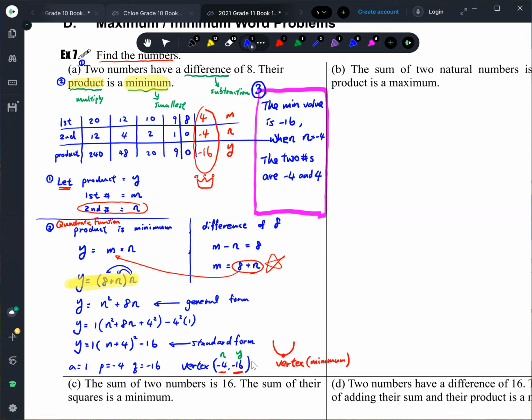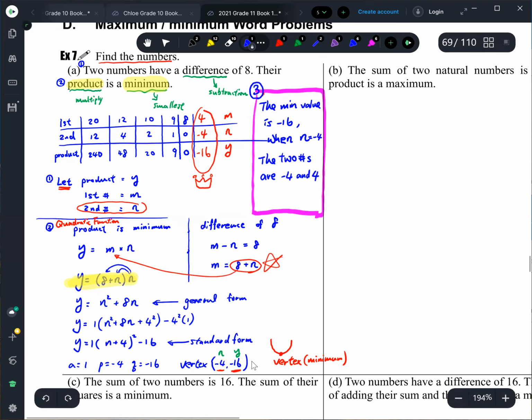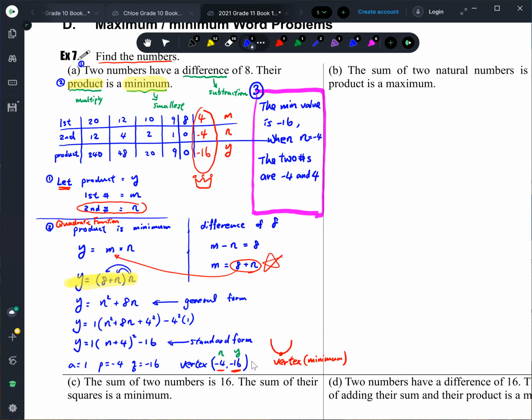Okay, please raise your hand if you're ready to move on to B. I'll let you try question B and go as far as you can. Maybe we'll check up to the function. Don't change the standard form yet.